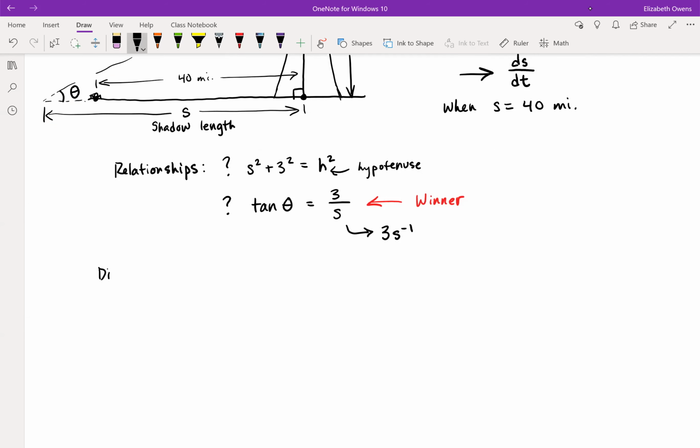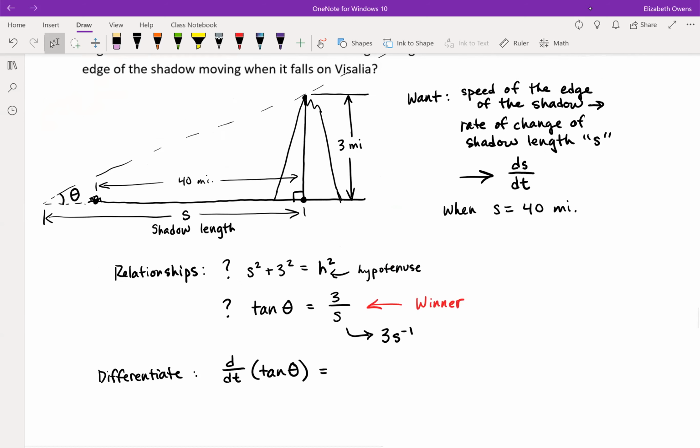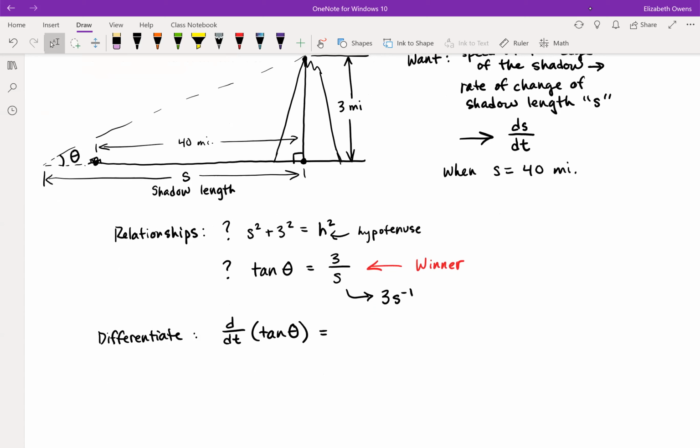And so we're going to differentiate with respect to time t, d/dt of tangent theta. And remember that theta is a function of time t, because that angle theta will change as time moves forward. And then we'll have d/dt of 3s to the negative 1. And remember that s also is a function of time t, because the shadow length will change with time.